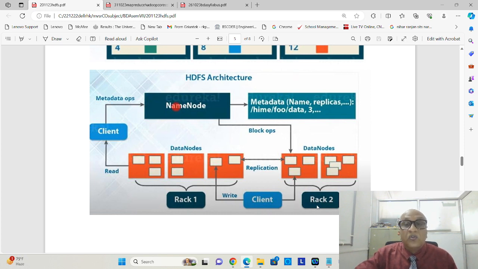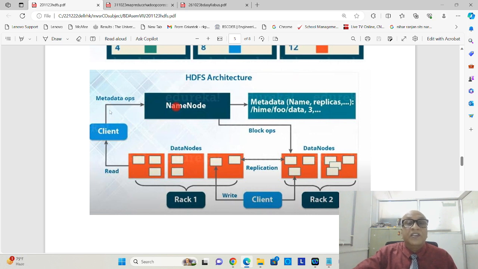Now, where the data nodes are residing, at least in this diagram, you have 3 data nodes residing in rack 1 and you have 2 data nodes residing in rack 2. And you can see that here there is a replication factor, meaning one block, if the default replication factor is 3, the same block is at 3 multiple places. Okay, so what is happening here?